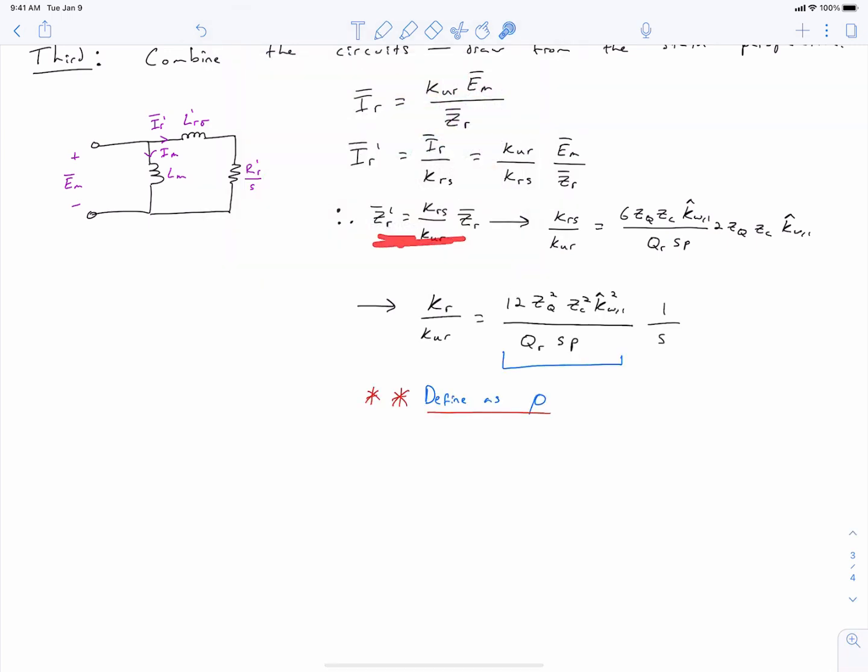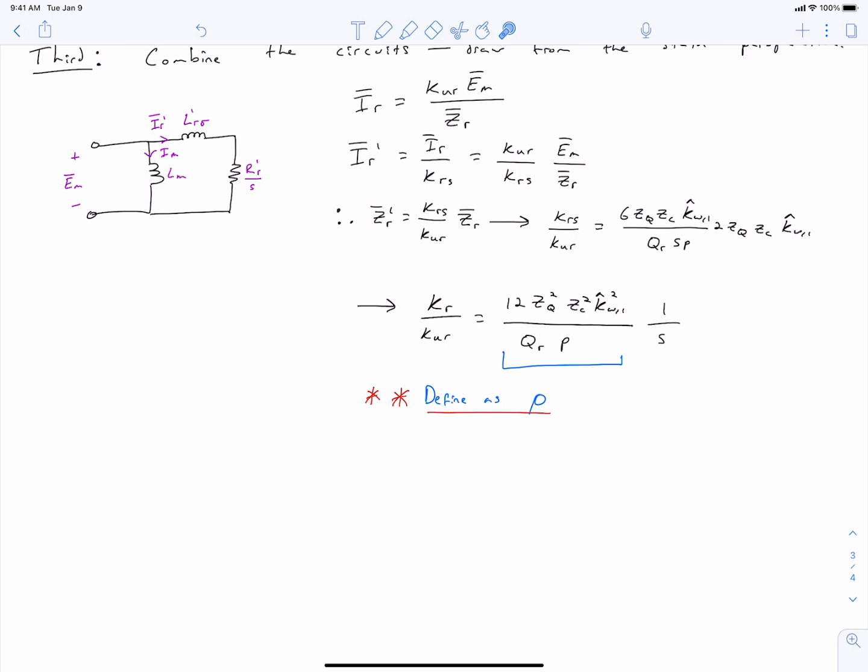So our equivalent resistance in our phase circuit, in other words our rotor impedance referred to our stator, is equal to KRS divided by KUR. And when we work the math on this, we end up with this expression over here.